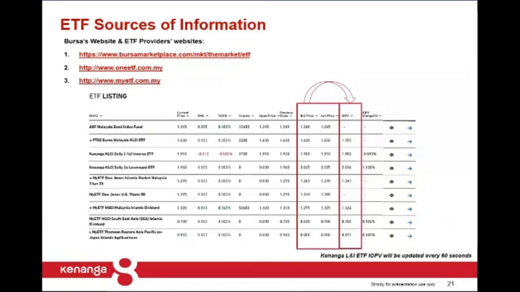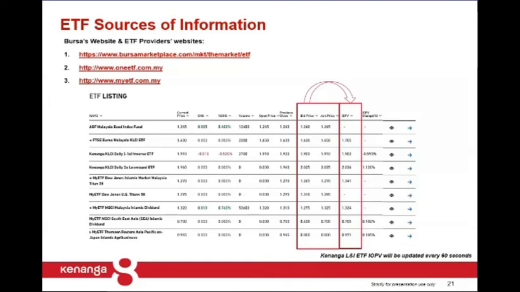I'm not sure how much you can see on this slide, but in the boxes here, we've got several different columns, which I think will be somewhat familiar to you, which is the bid price and the ask price, very similar to when you're trading shares. And of course, there's another one called IOPV, which stands for Indicative Optimized Portfolio Value, which is basically the theoretical value. The shares that constitute the index are constantly moving.